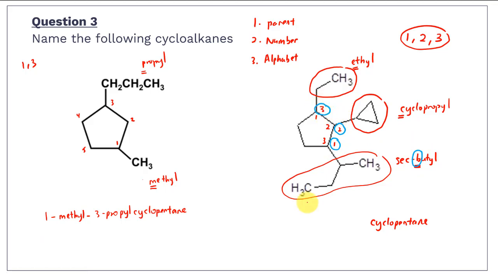So the naming of the substituents goes this way: 1 sec-butyl, followed by 2 cyclopropyl, followed by 3 ethyl, and then the parent name, cyclopentane. So: 1 sec-butyl, 2 cyclopropyl, 3 ethyl, cyclopentane.